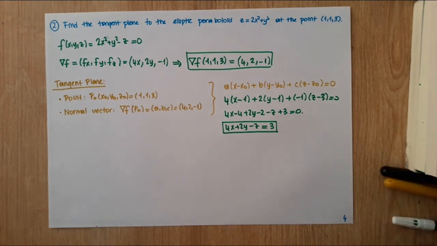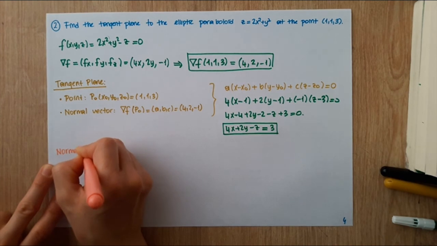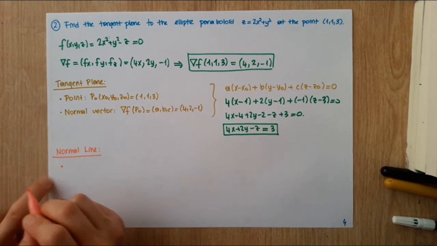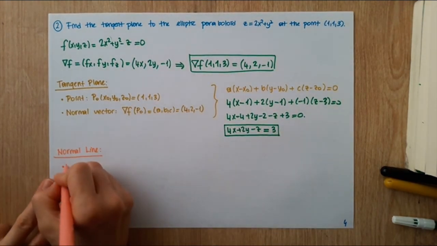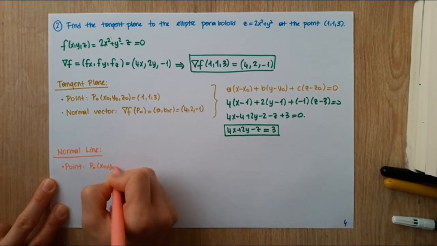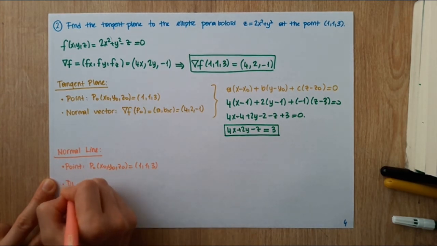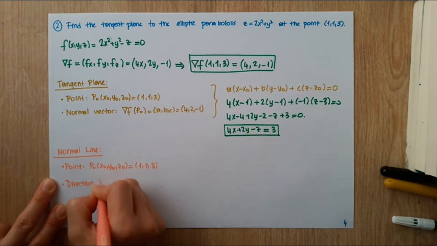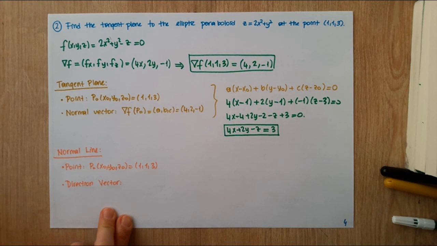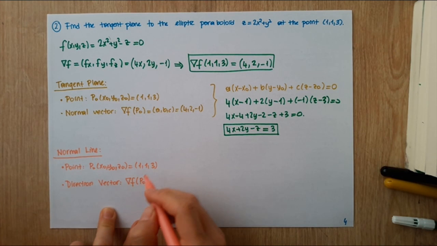So let's try to obtain the equation of the normal line. Again, if you want to obtain the equation of a line, you need first of all a point, and the point is given as 1, 1, and 3. And you need a direction vector. We know that the direction vector of the normal line is the gradient vector of the function at the given point.